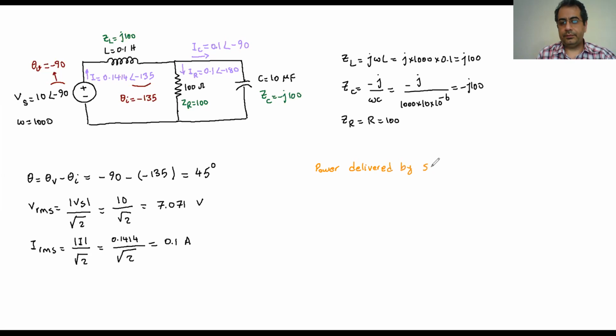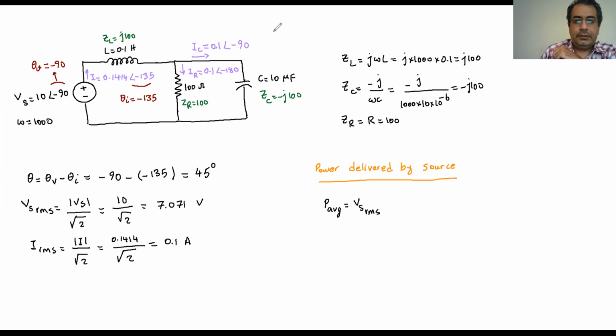The average power delivered by the source is going to be the RMS value of the voltage at the source, VS RMS, and the same here, the I at the source, the root mean square of that.